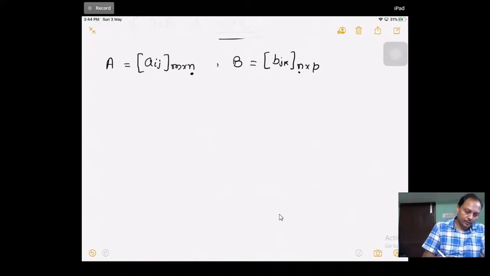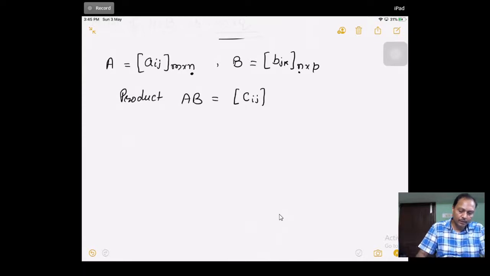The product AB is represented by C, and its order will be m into p.